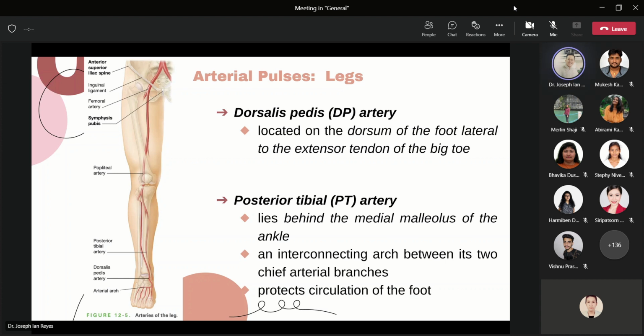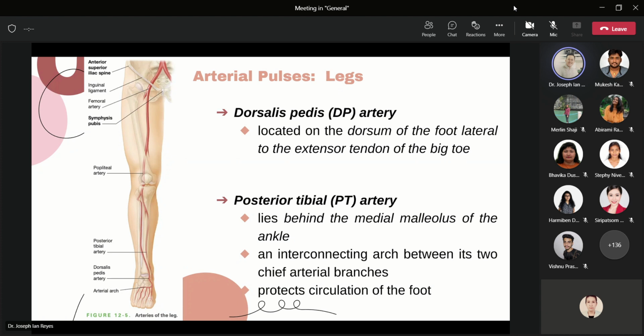Any questions so far? Anatomy review is okay? So the popliteal artery divides into the anterior tibial and posterior tibial arteries.